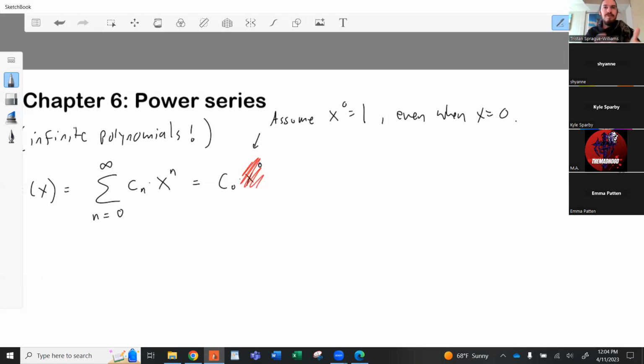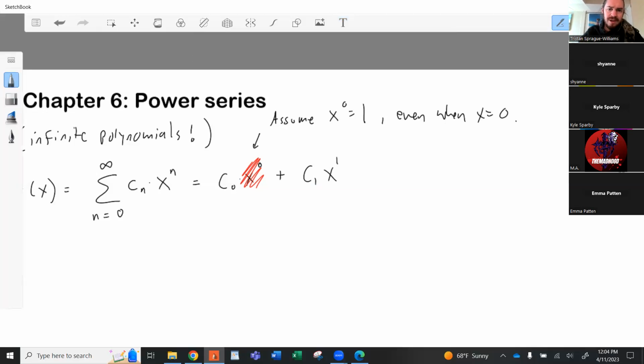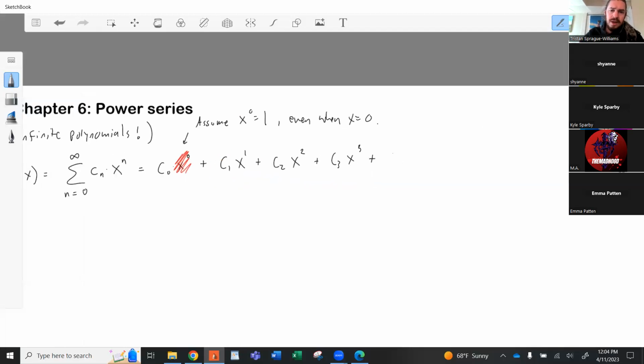We have a first term in our series, which is a constant term, just like how a polynomial has a constant term. And then we have C1 x to the power 1. That's going to have x in it. Plus C2 x squared, C3 x cubed, and so on. And this will go on not just for some finite number of terms like a polynomial does.